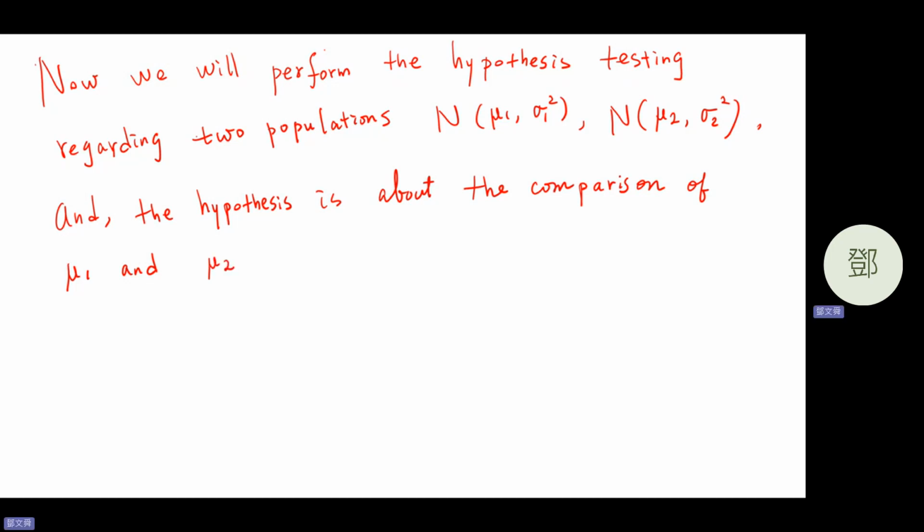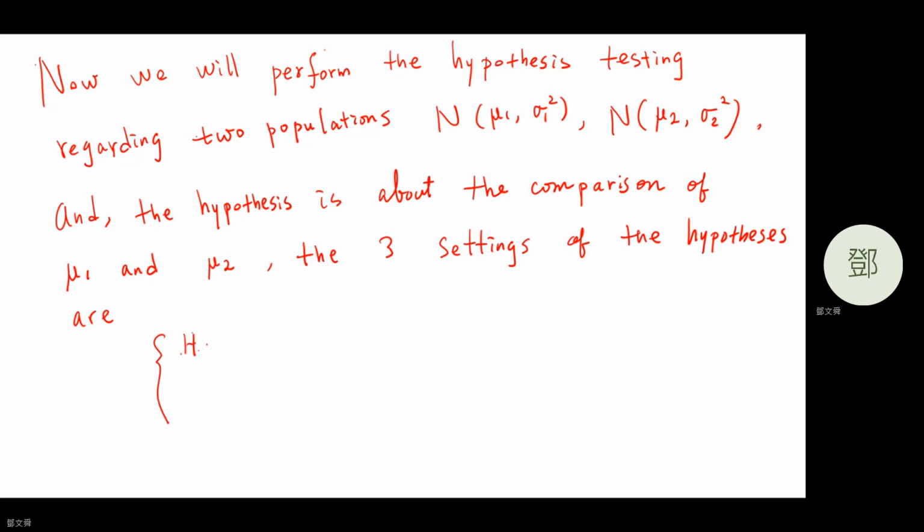All right. And the hypotheses are H0, H1: mu1 smaller than mu2, or mu1 bigger than mu2.